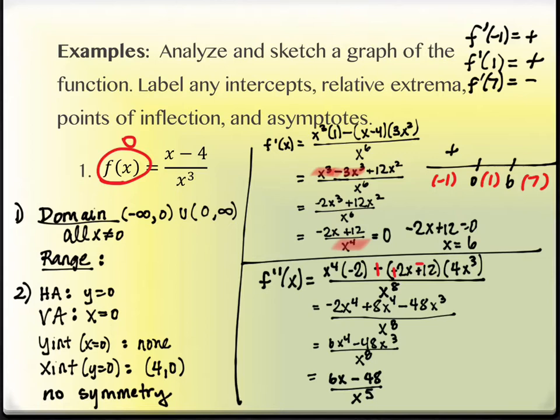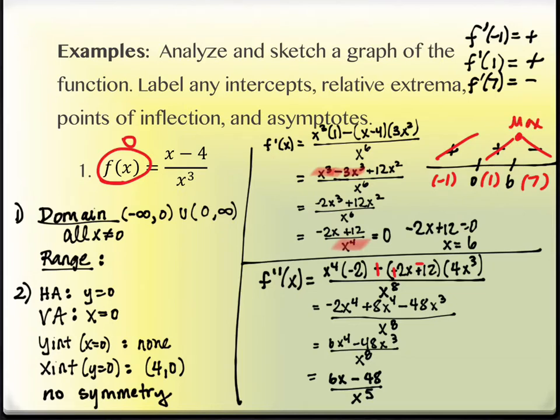Negative. So my signs go positive, positive, negative. What does positive mean? Increasing. Yeah, we'll get to the concavity one in a minute. Not quite. This one's increasing. And then the negative means it's decreasing. So what happens at 6? I have a max. Yeah.